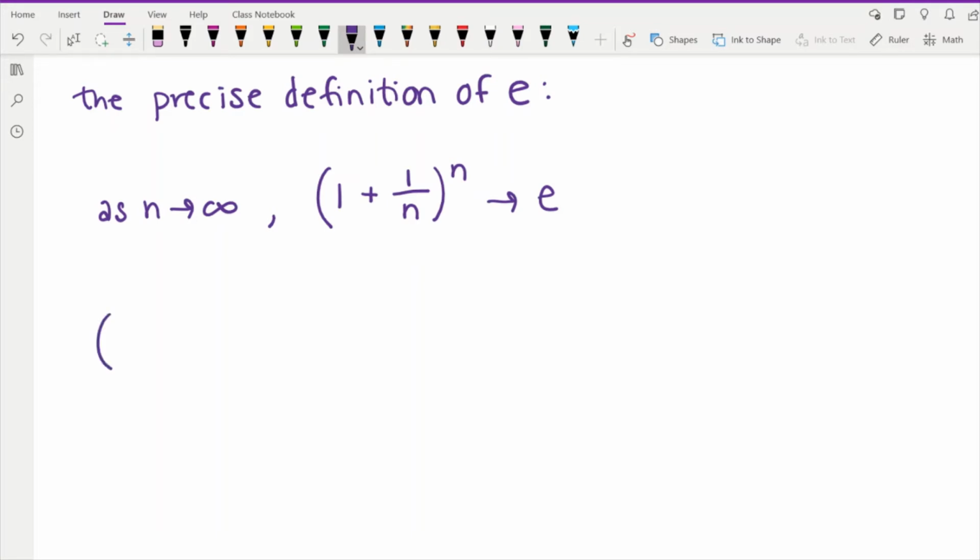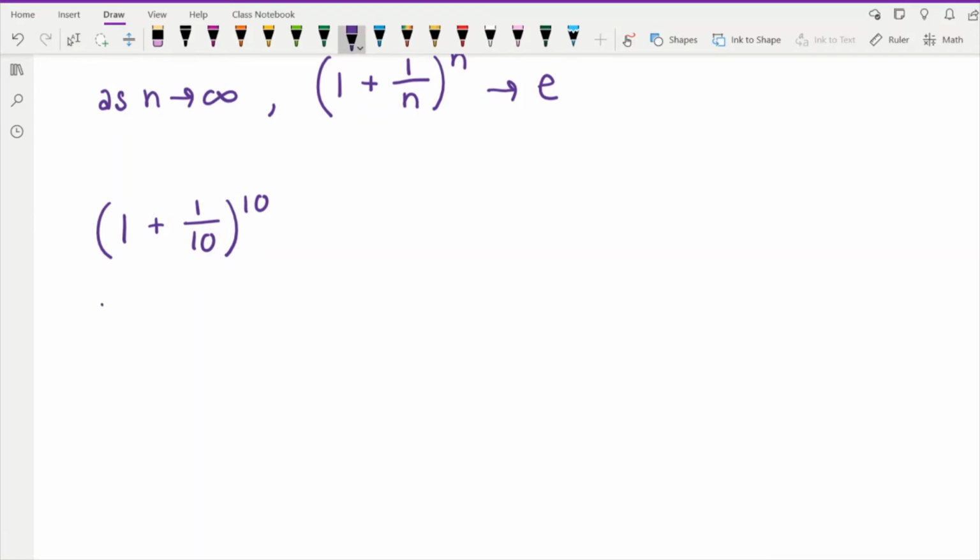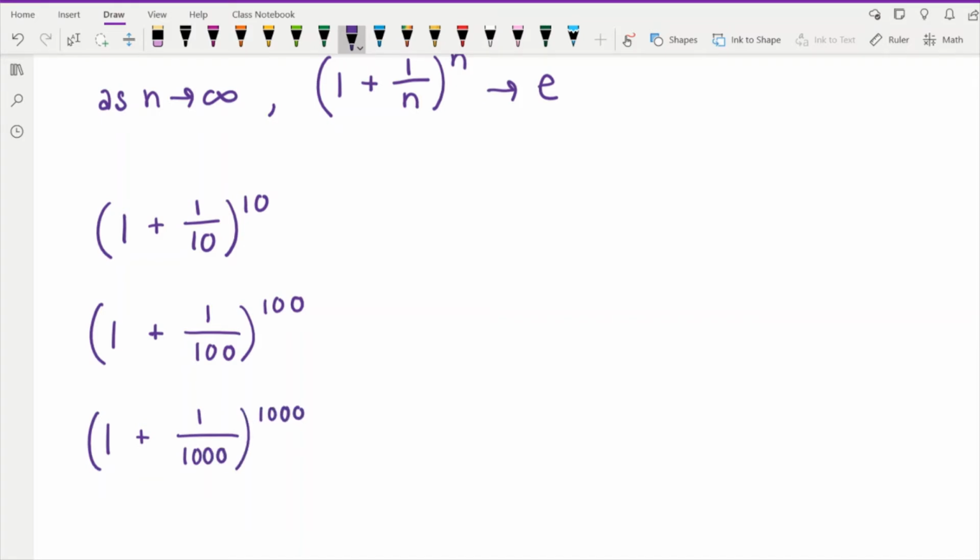For example, 1 plus 1 over 10 to the 10th, and then 1 plus 1 over 100 to the 100th, and then 1 plus 1 over 1,000 to the 1,000th, and see what each of these gives us. What we'll see is that as we increase this value of n, these numbers get closer and closer to about 2.72, which is e.